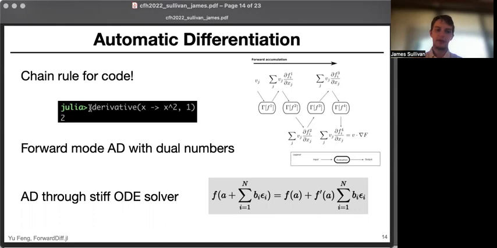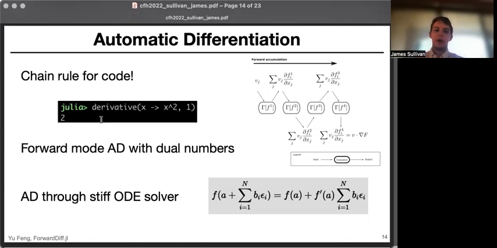Here, you have the function that takes x to x squared. It computes the exact derivative in one line using one of the Julia automatic differentiation libraries. This is exact. There's no floating point error. And the way it's doing this is basically by using a chain rule for code. That's what automatic differentiation is.